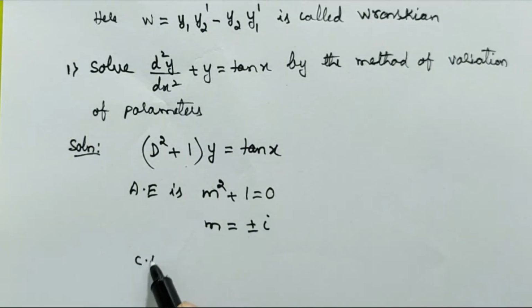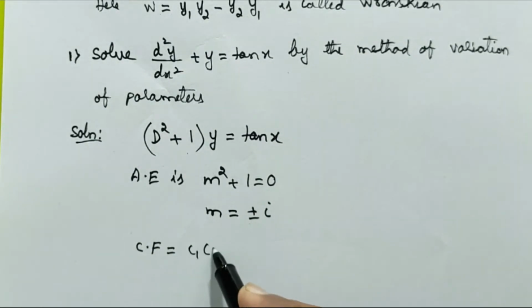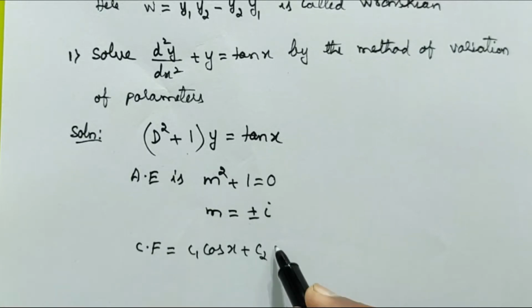Because the roots are complex, the complementary function is c1 cos of x plus c2 sin of x.